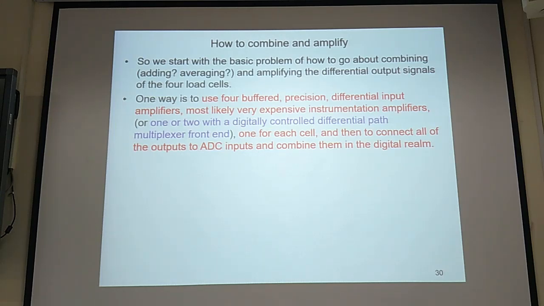So we may try to use summation or subtraction of all the Wheatstone bridges, combine them into, say, one input buffer amplifier and the other input amplifier. Okay, so yeah, what we will do.